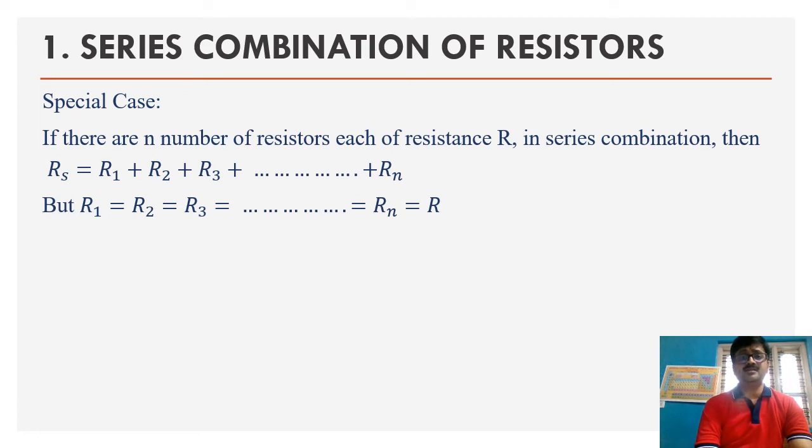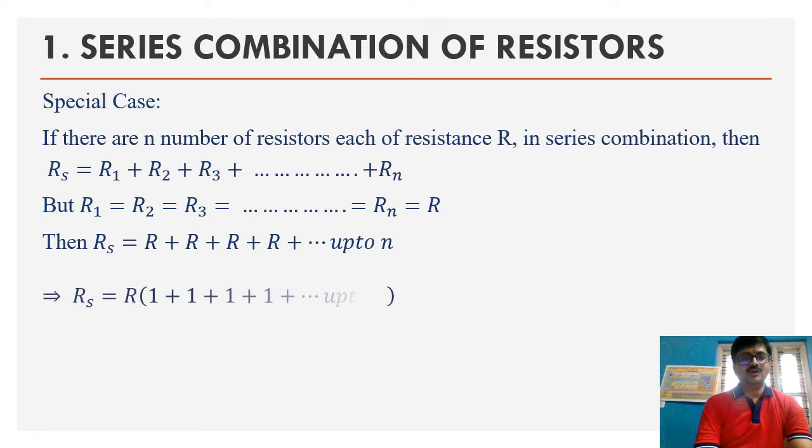So for that reason, again we will replace each of these R1, R2, R3, Rn by R only. Thus we can say Rs is equal to R plus R plus R and so on up to n terms. So we are adding R up to n times, correct? Accordingly, Rs will become equal to R into the summation of 1 up to n times.